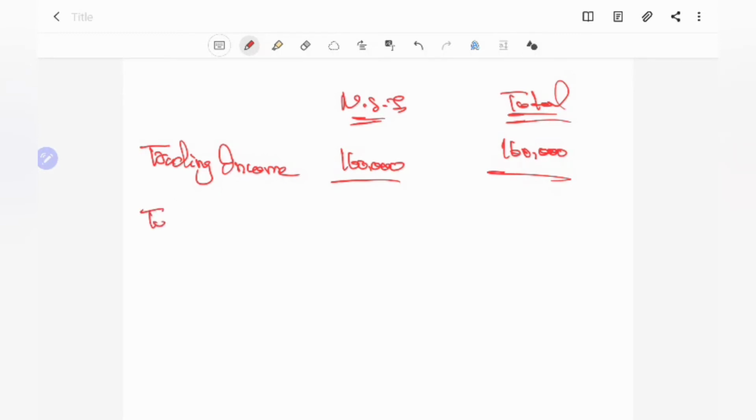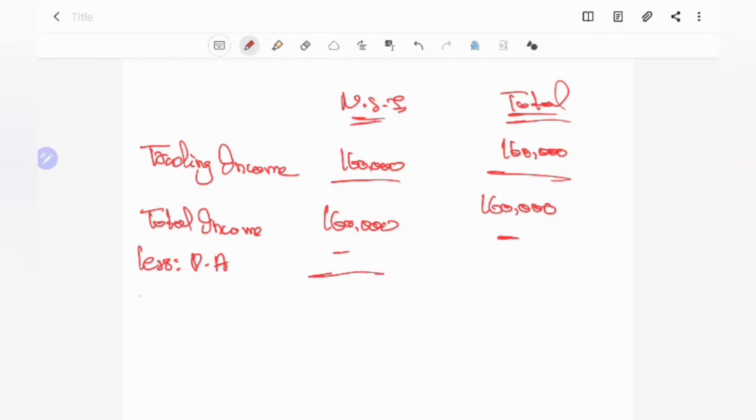Total income, 160,000 and 160,000, less the personal allowance, nil, right? Because as you know, it is more than 125,000 pounds. So taxable income, 160,000 and 160,000.